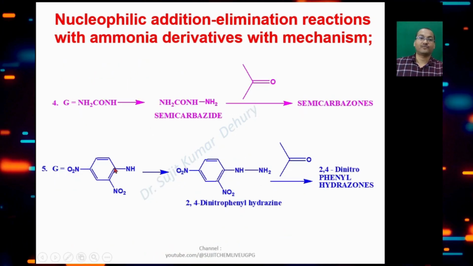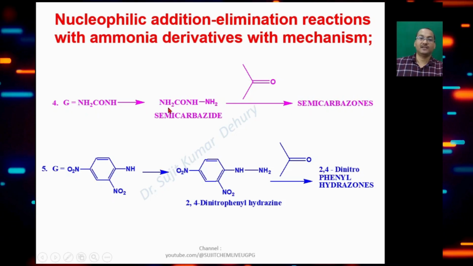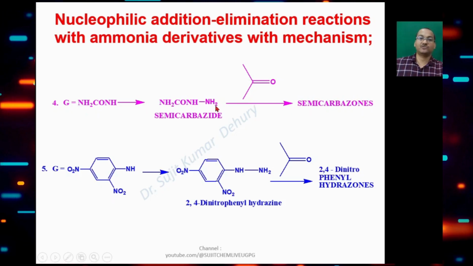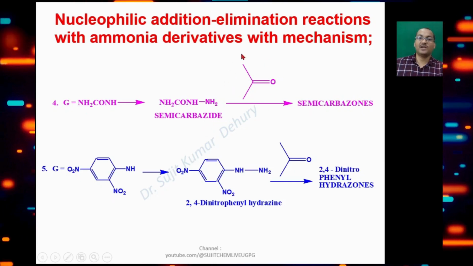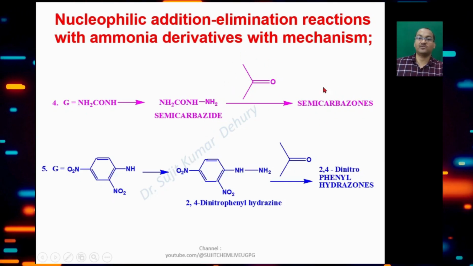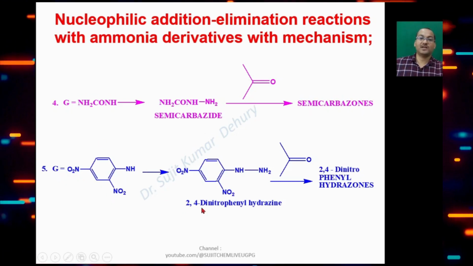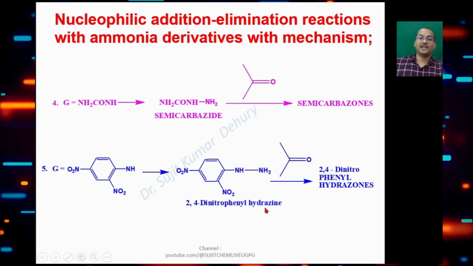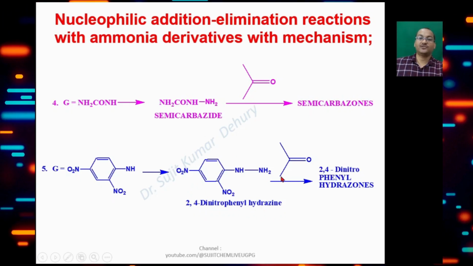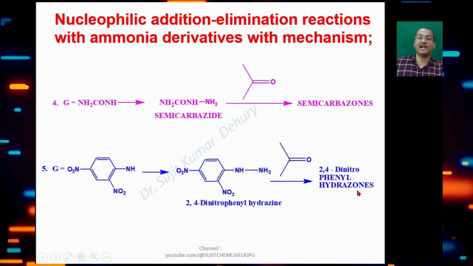When G is NH2CONH, this is semicarbazide, and it would react with carbonyl compound giving rise to semicarbazones. When G is this one, it becomes 2,4-DNP, 2,4-dinitrophenyl hydrazine, and this would react with carbonyl compound giving rise to 2,4-dinitrophenyl hydrazones.